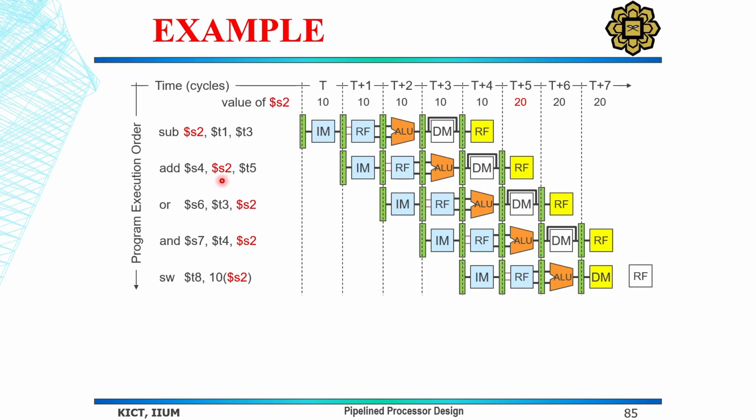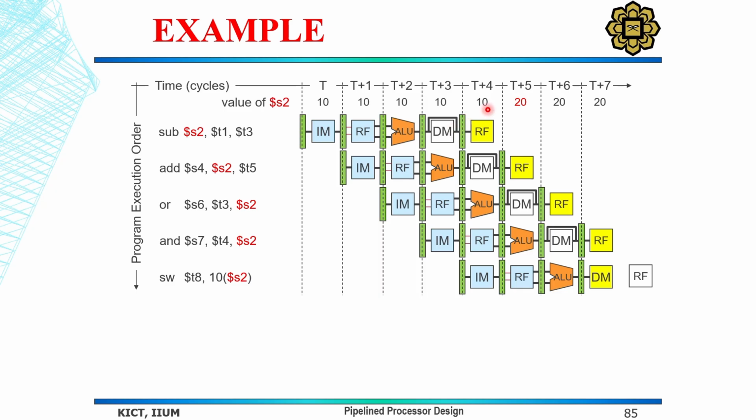It needs to read the data in this T plus 2 cycle and use it in T plus 3, but the data is still not available when it needs it. For the third instruction, $S2 is also required in T plus 3, but the result of the first instruction is only available in T plus 4.